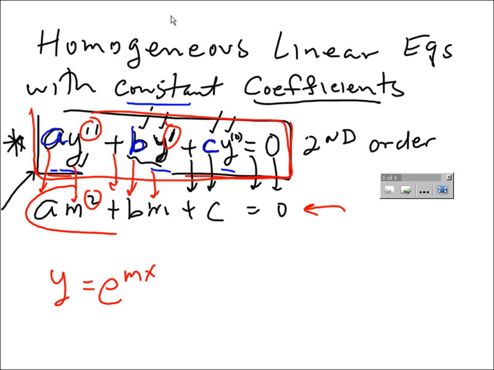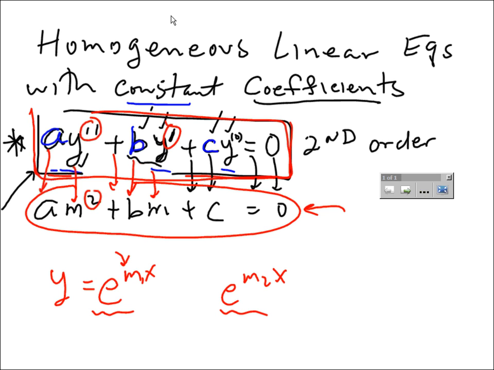So we're going to solve for m and put that value of m right there. And if we have two m's, like m1 and m2, and if the m's are different, these two quantities are independent. So we can take a linear combination of them.